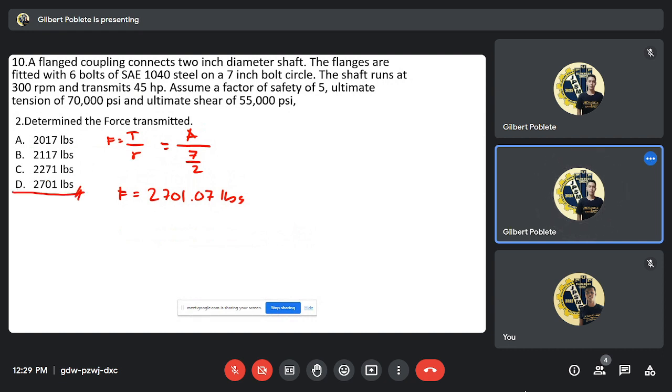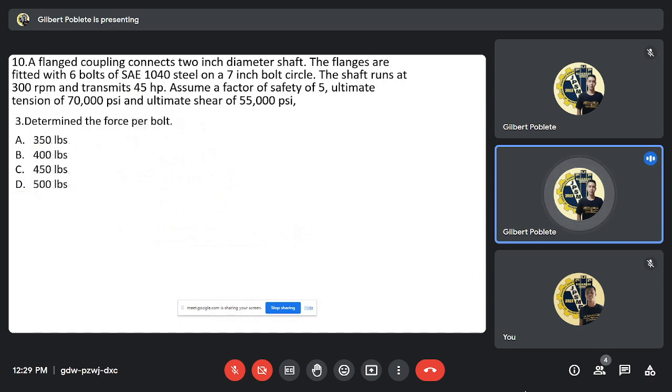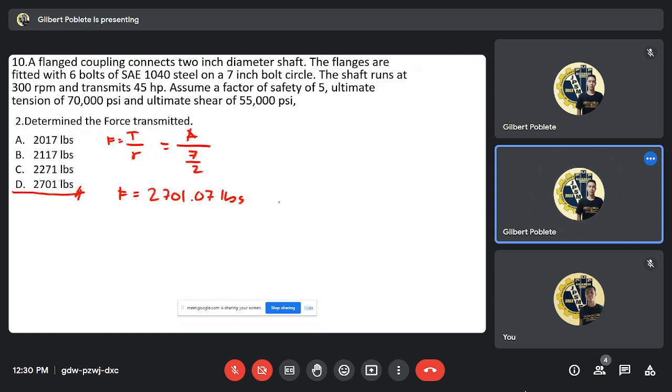Okay, so next. Determine the force per bolt. So yung force per bolt natin FB is equals to the force over number of bolts. So meron tayong nakuha kanina, i-store din natin.